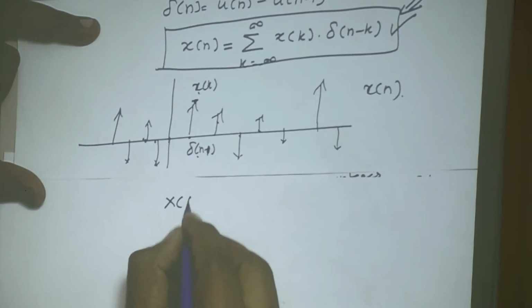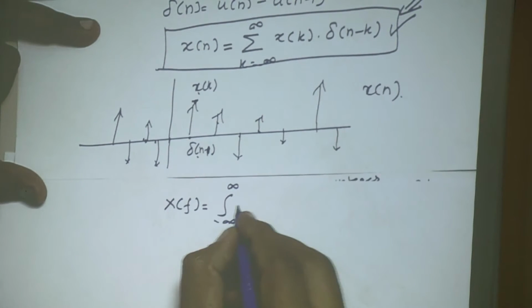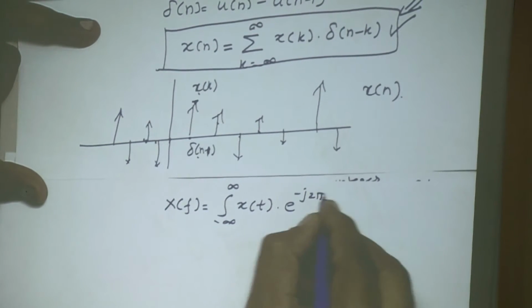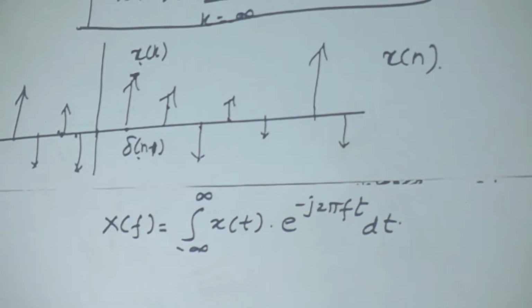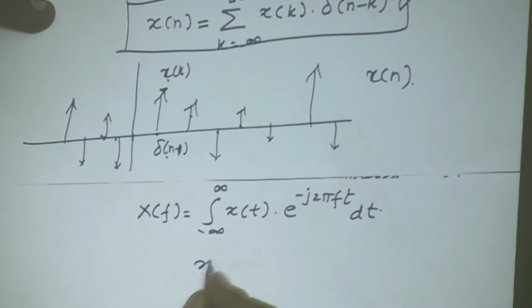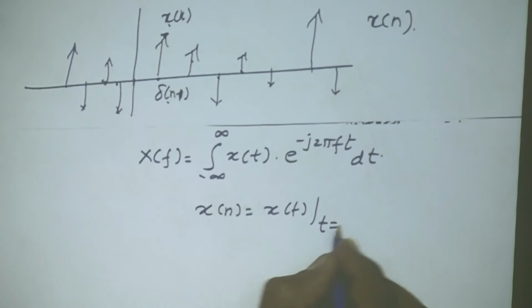So, x of f is equal to integration from minus infinity to plus infinity x of t e to the power minus j 2 pi f t dt. We defined x of n to be x of t at t equal to nT.